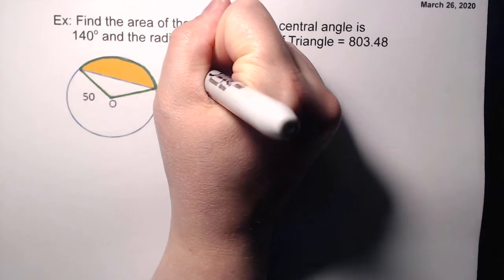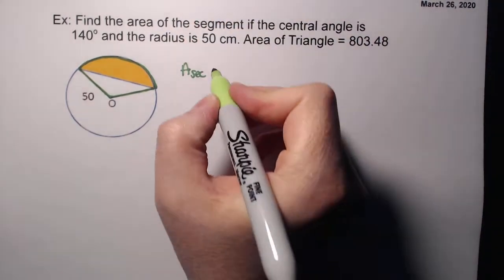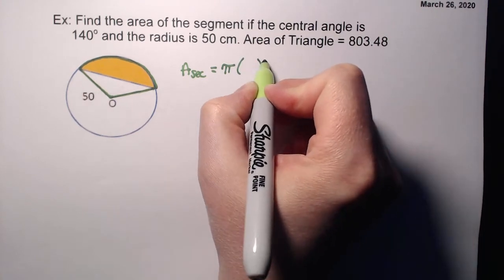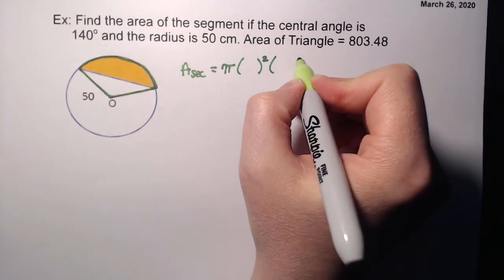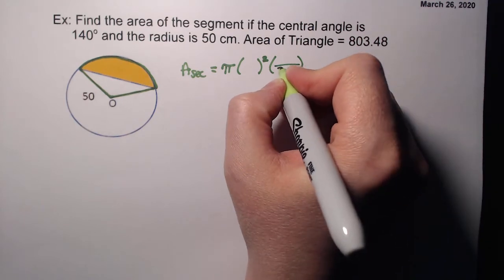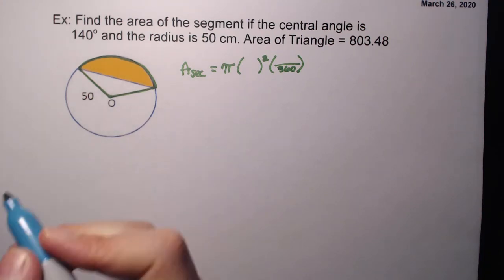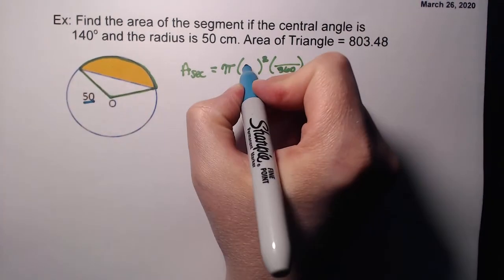So area of the sector, and that's going to be pi r squared times the angle over 360. And in this case, that's r.